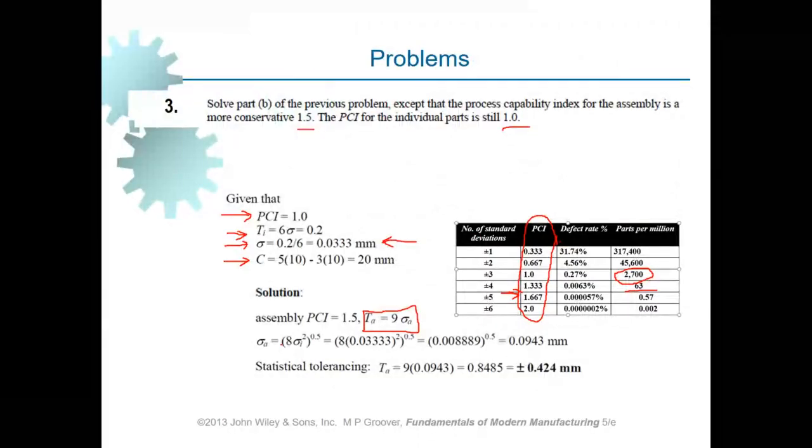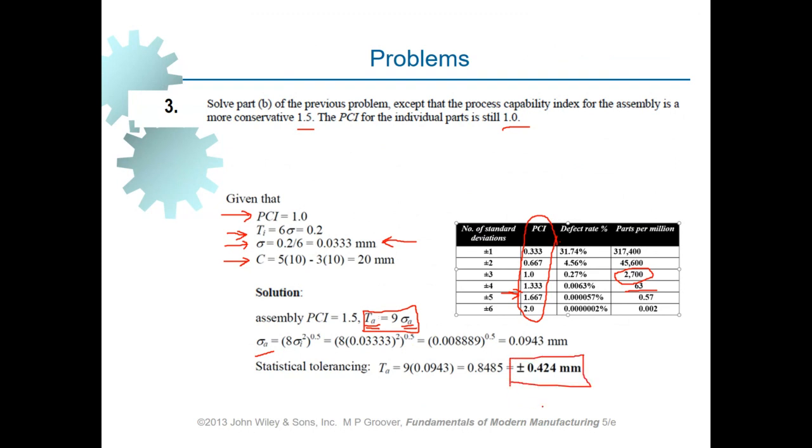And then, back to the problem. On the basis of this equation, we can get the value of sigma A, and the value of sigma A will now sit in this equation right here, giving us the value of the tolerance of the whole assembly. And that comes to this much.